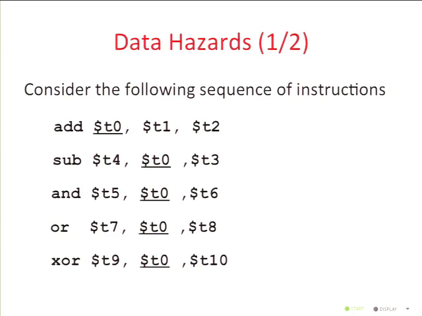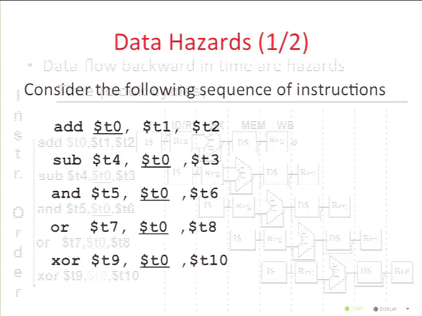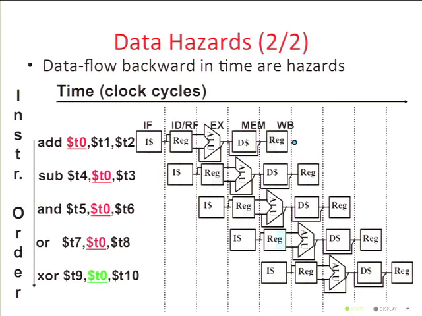Well, let's see where we get into trouble. Here are the 5 instructions I just showed you. Is anything okay here? Are any of these instructions going to work well as is? I'll give you a hint. It's color-coded.